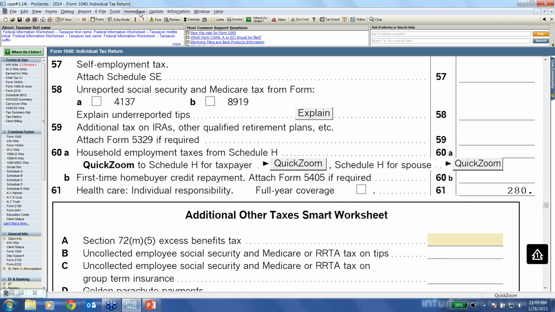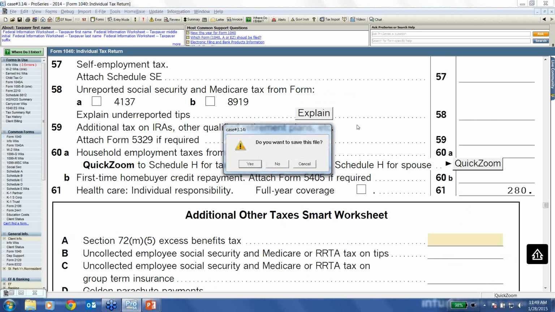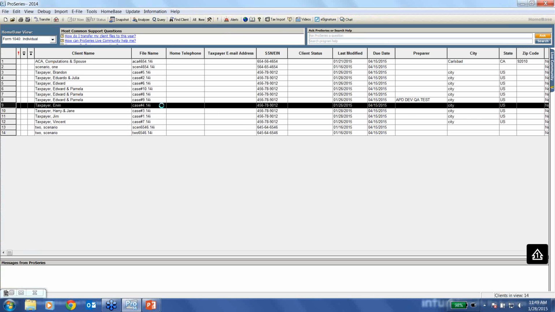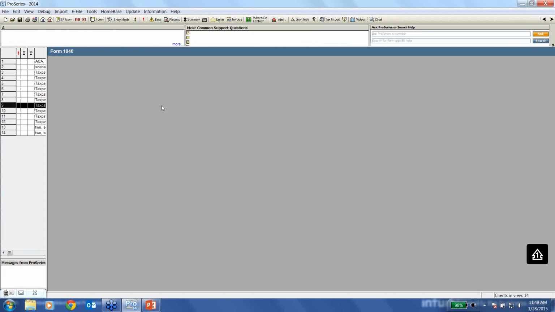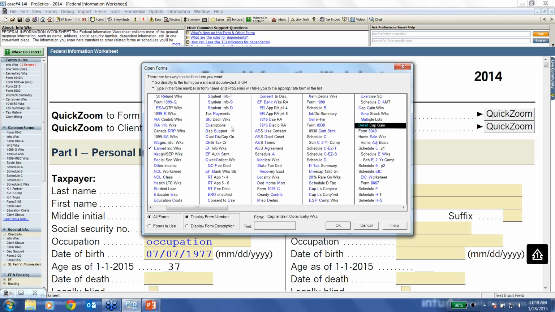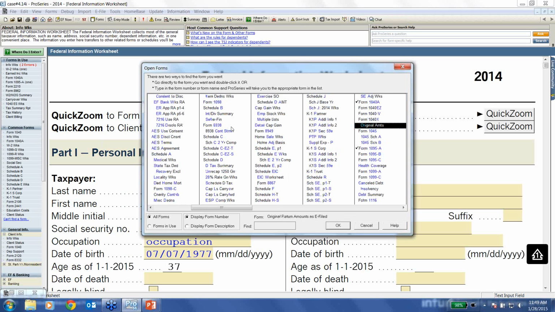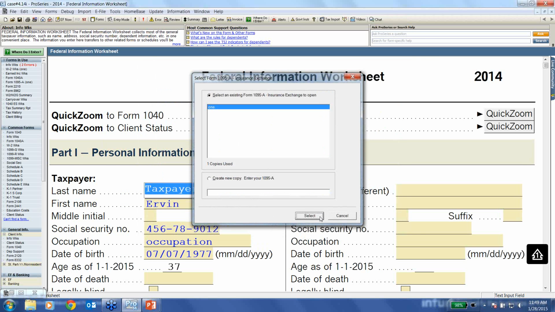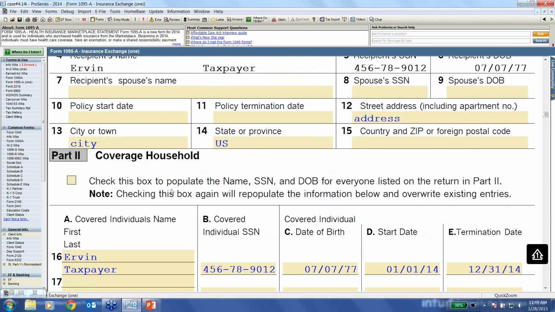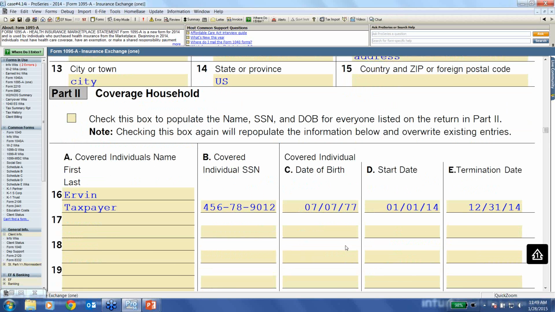Go back out to the product, home base, and we'll bring up number 4. And we'll drill into the 1095A that he would have gotten from the exchange. This section right here, part 2, indicates that Irvin had coverage for the full year, and consequently it turns off the penalty.